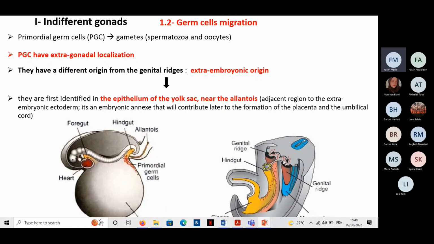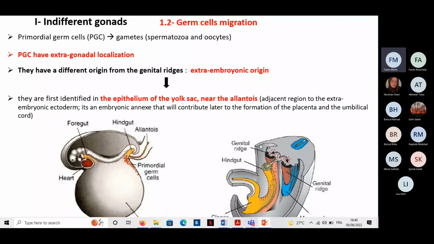As you know, the germ cells are the cells that will give the gametes, which are germ cells also. So the germ cells are the sex cells. And the primordial germ cells are the most primitive germ cells, or the most stem germ cells, at the origin of the gametes. So we call them the primordial germ cells, or PGC. Those PGC have an extragonadal localization.